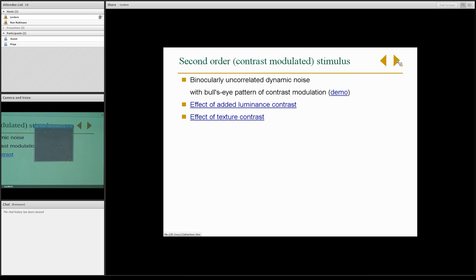You can move that modulator without moving the underlying carrier, and that's what we call a second order stimulus. This doesn't actually show the motion, but this is a dynamic noise carrier, so if we move the whole thing, it doesn't matter, because you can't tell if the carrier has moved or not. But the modulator, you can see the motion of.